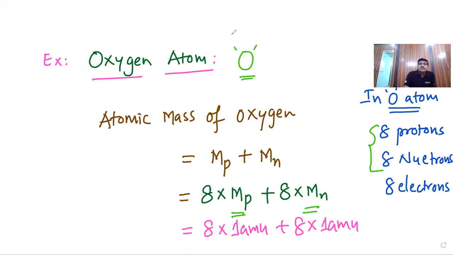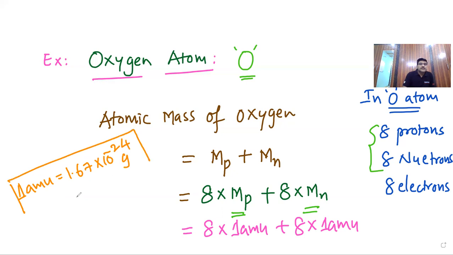And you know very well, here I highlight: 1 AMU is equal to 1.67 into 10 to the power of minus 24 grams. This is one atomic mass unit.